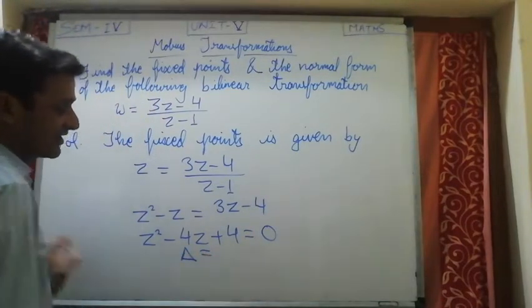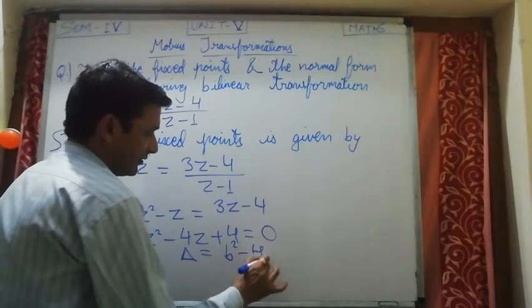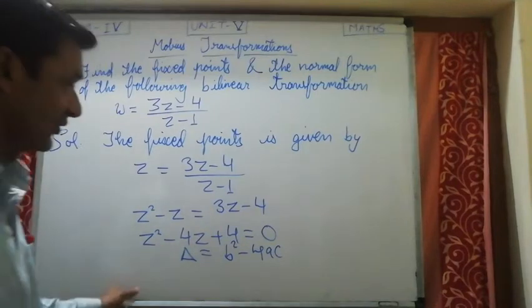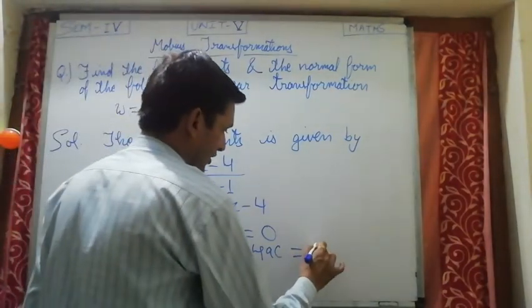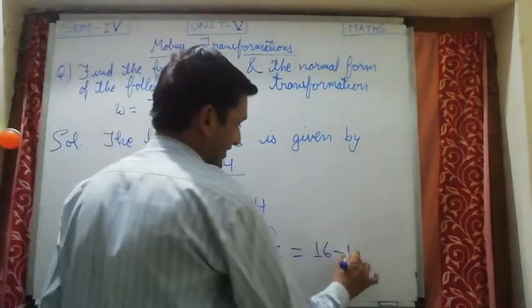We know how to find the discriminant b² - 4ac. So after finding out b² - 4ac, the value of b is -4, so (-4)² is 16, and 4ac is 16.